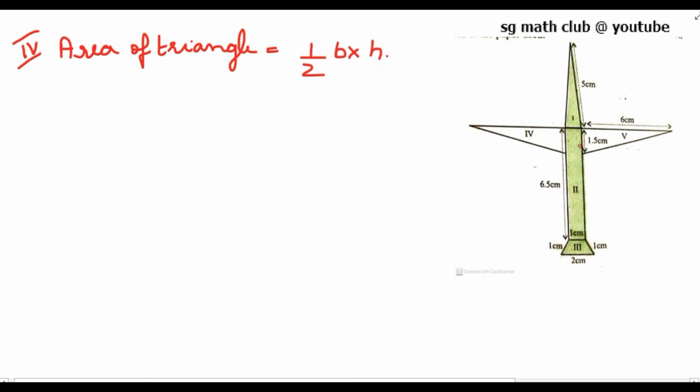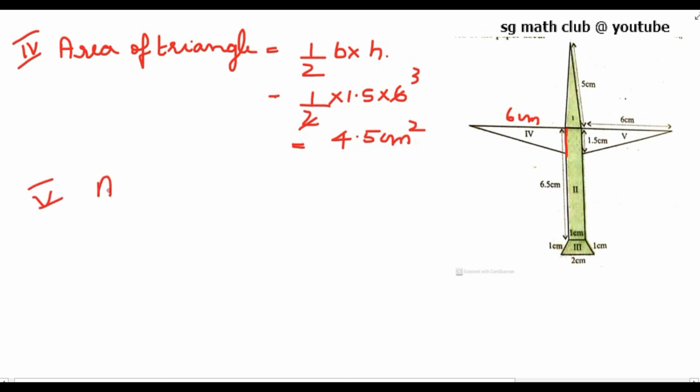The base is 1.5 and the height is 6 centimeter. So half into 1.5 into 6 is 4.5 centimeter square.